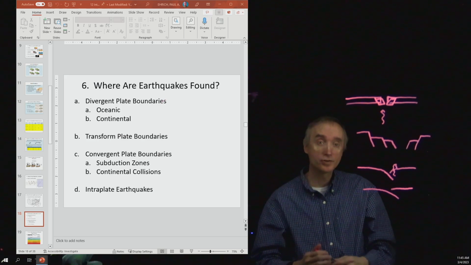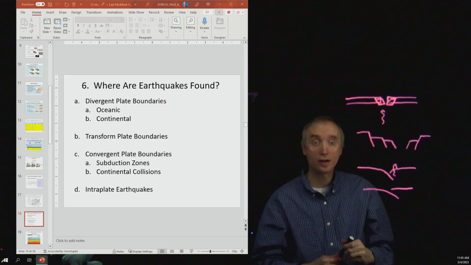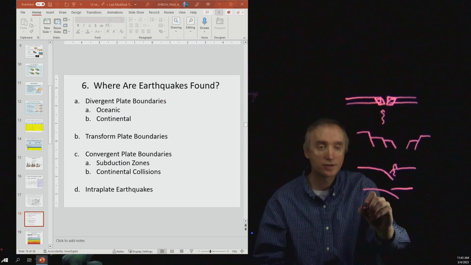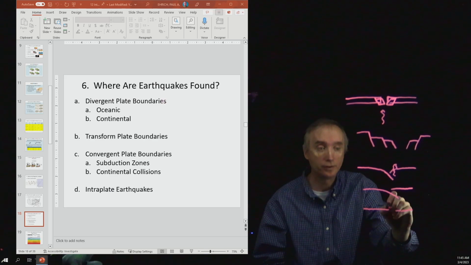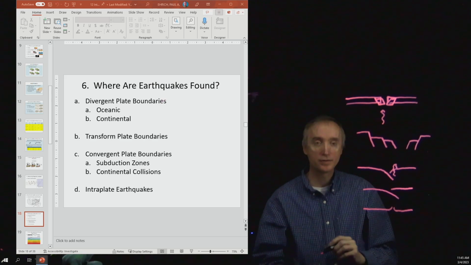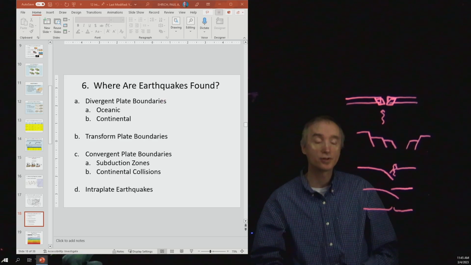And then you could also have a continental collision. So this time when the two plates collide, they're both very buoyant, and so they tend to crumple upwards. And so this time you're going to get the tallest mountains in the world, so like the Himalayas, are going to be a result of a continental collision. And so again, that can also give off earthquakes.